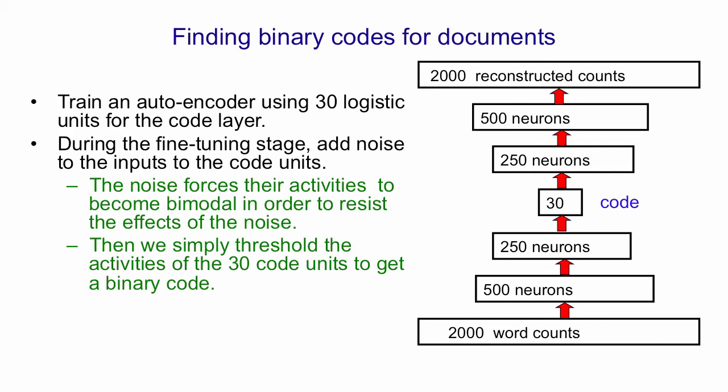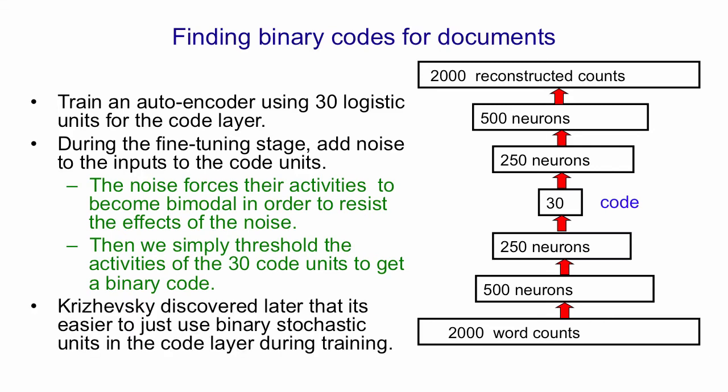So if we can train an autoencoder like this, we will be able to convert the counts for a bag of words into a small number of binary values. In other words, we'll have learned a set of binary features that are good for reconstructing the bag of words. Later on, Alex Krizhevsky discovered that we don't actually have to add Gaussian noise to the inputs to the code units.